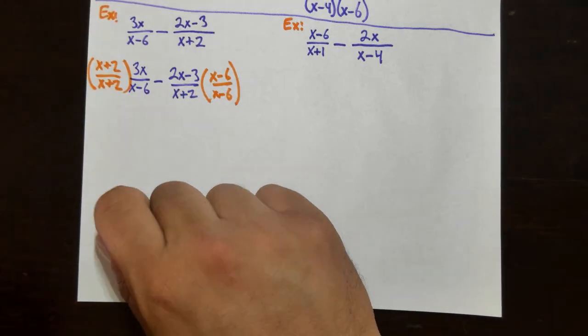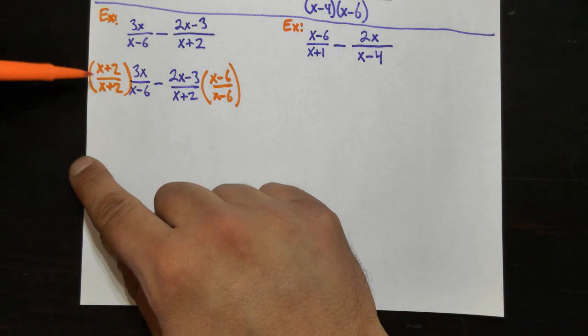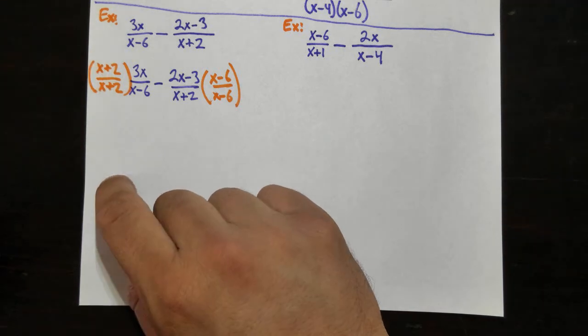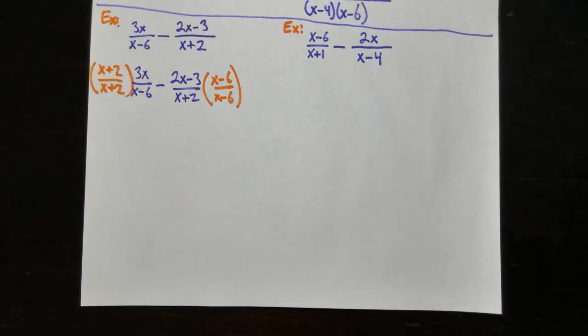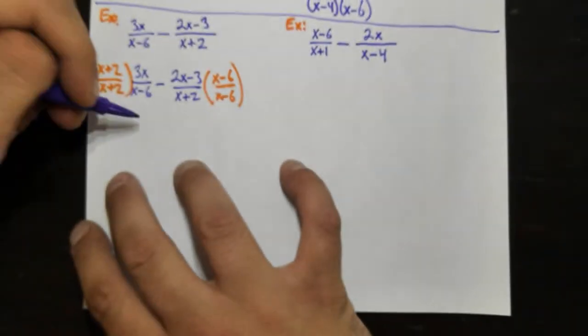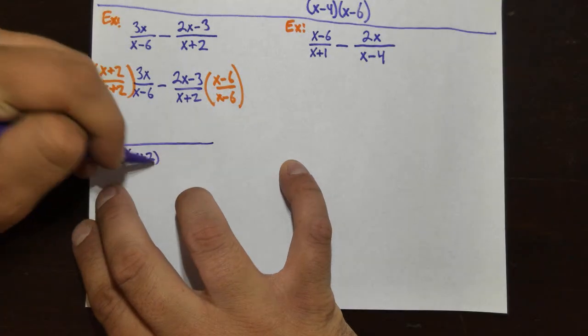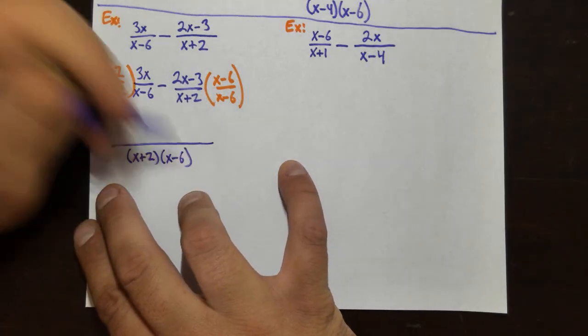So technically, this is a little side note. Technically, we've been multiplying by 1 the whole time, haven't we? Anything divided by itself is just 1, so we're not changing the values, we're just changing how it looks. So we're going to have our denominator now of x plus 2 times x minus 6.